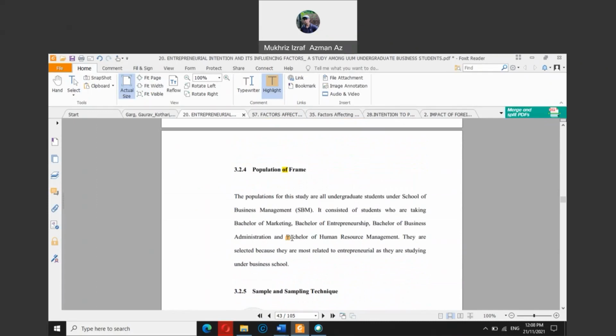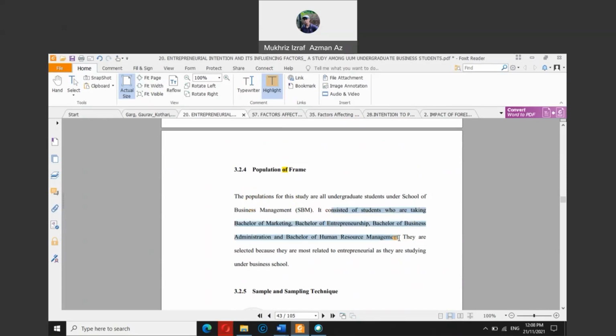contain the same information. But we need to define what our population frame is. Population frame means, if you are focusing on UUM students in general, the whole frame of our population belongs to the UUM students. So here again, the population frame is under the School of SBM.